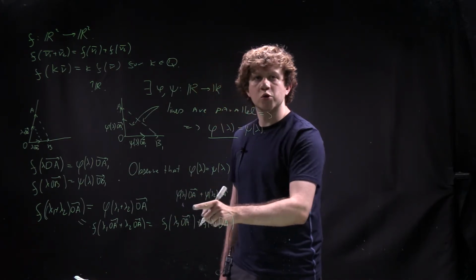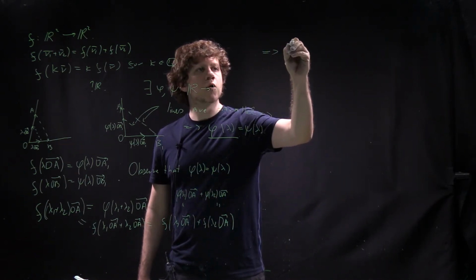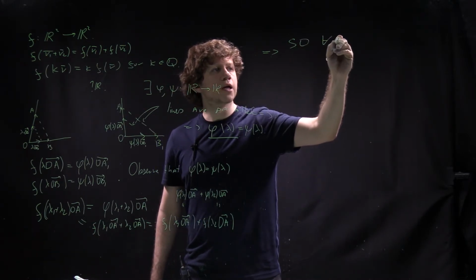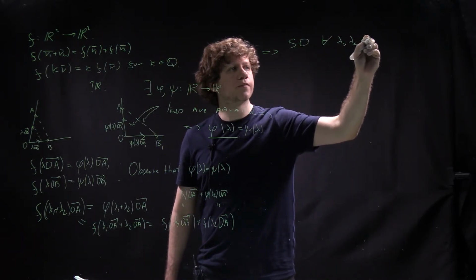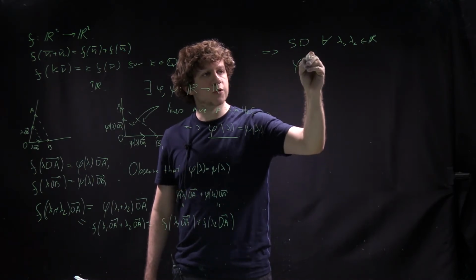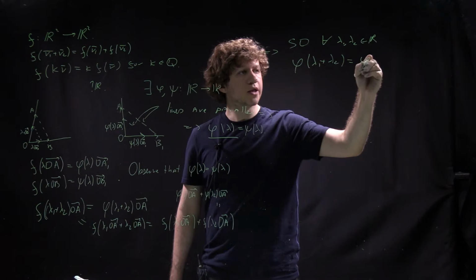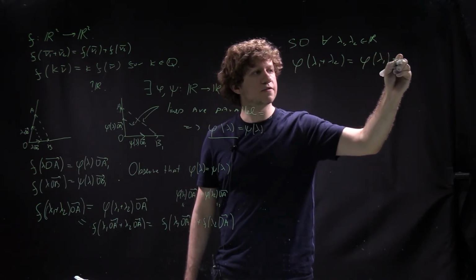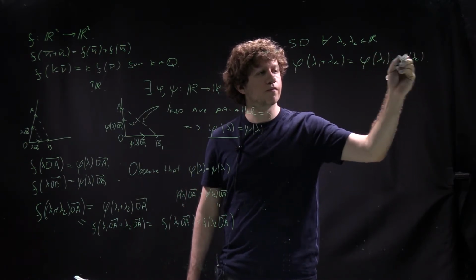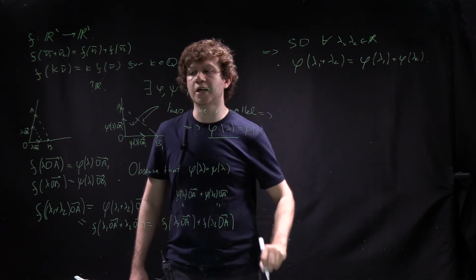Comparing the two we conclude that for any lambda 1, lambda 2 in R, phi of (lambda 1 plus lambda 2) equals phi of lambda 1 plus phi of lambda 2. So that's the first kind of result we can get.